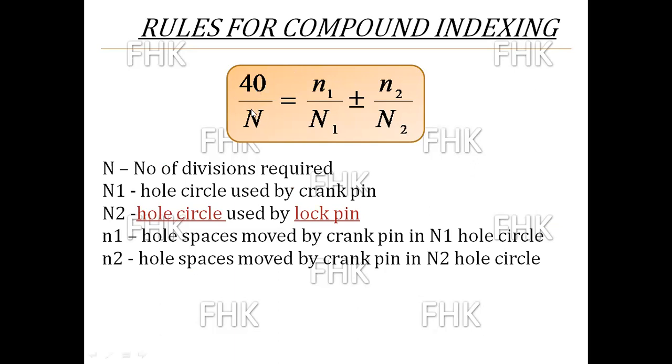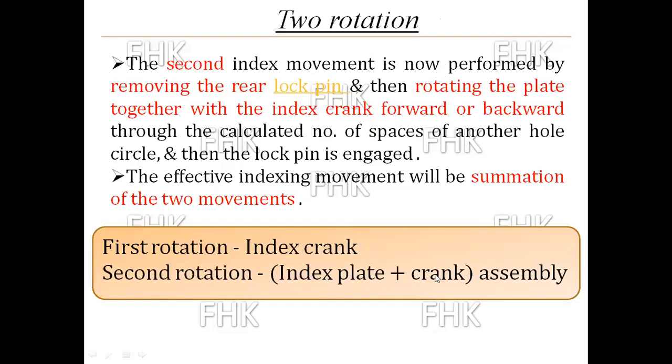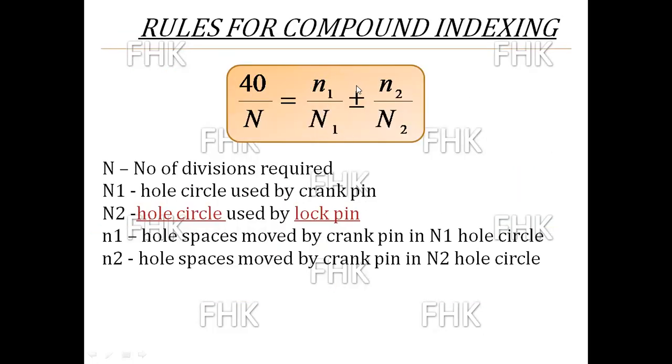Why is it in two terms? Because there are two rotations: one is the rotation of the crank, and the second is the rotation of the index plate with the crank. This is the first rotation, of the crank, and this is the rotation of the index plate with the crank.